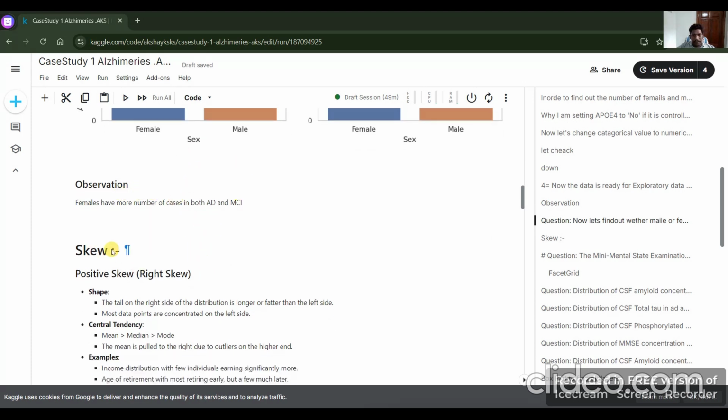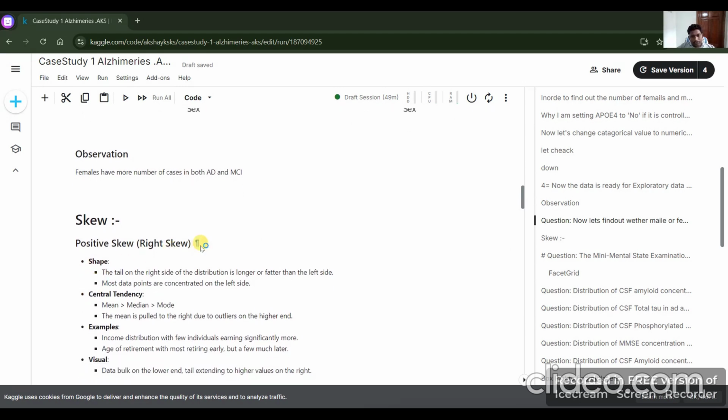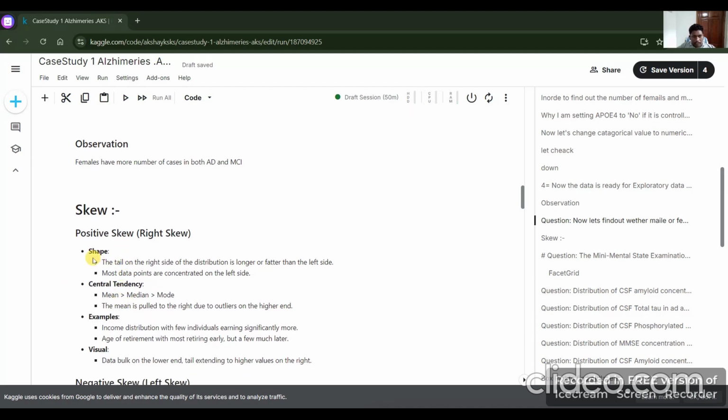Yes, we can discuss skew. Positive skew, right skew. Shape: the tail on the right side of the distribution is long or fatter than the left side. Most data points are concentrated on the left side.